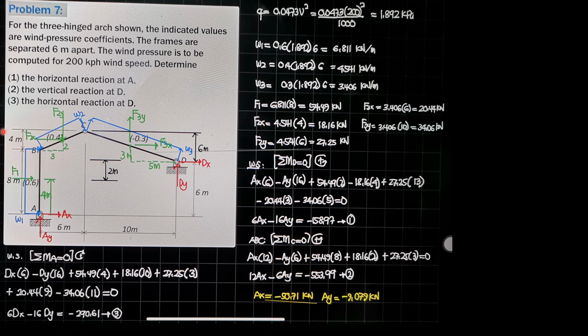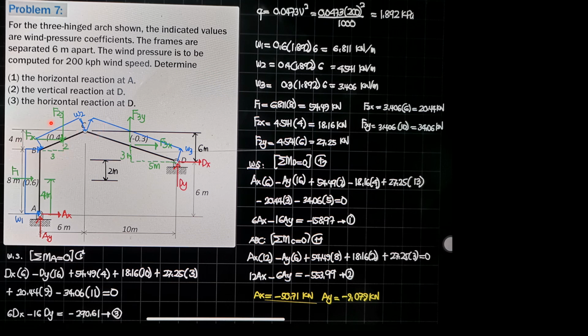Then F2x is uniform load times the vertical projection of the area. That's the shortcut way. So F2x is W2, 4.541 times 4 meters vertical projection, so 18.16 kilonewtons, and it acts through the centroid of this vertical projected surface, so 2 meters from B, 2 meters also vertically from C.